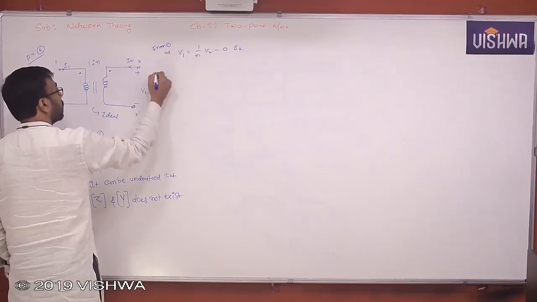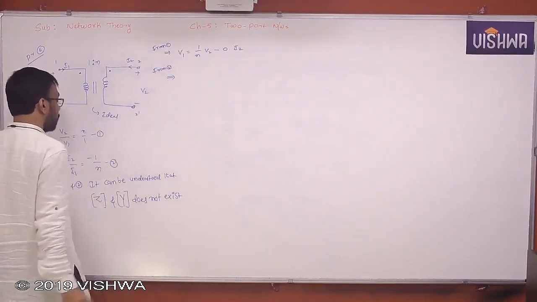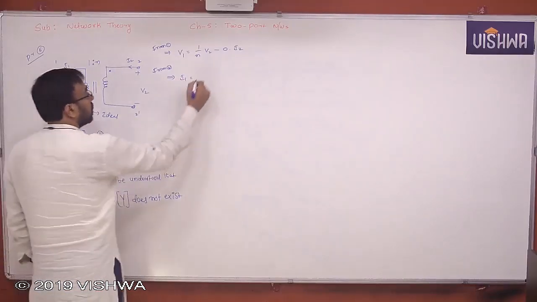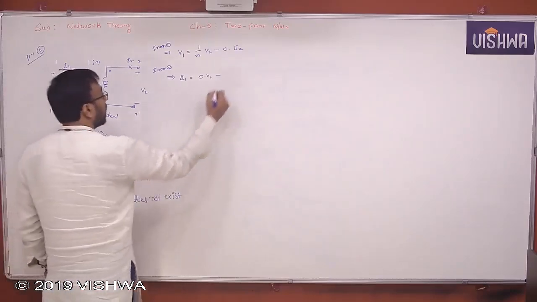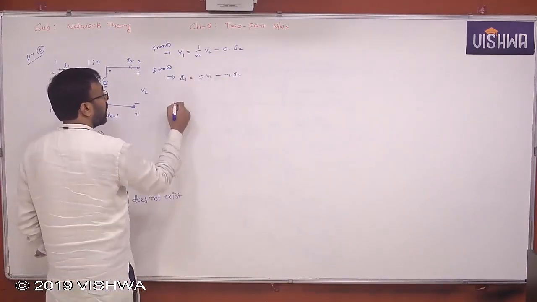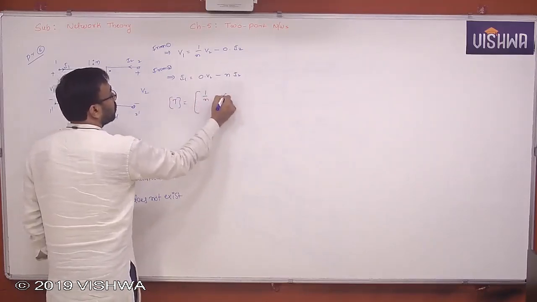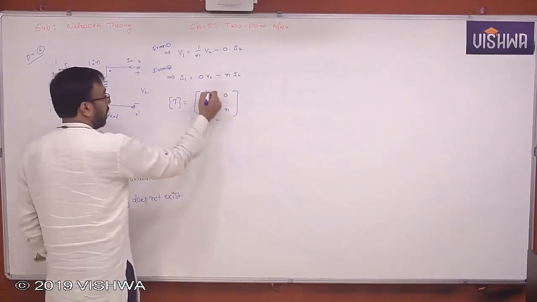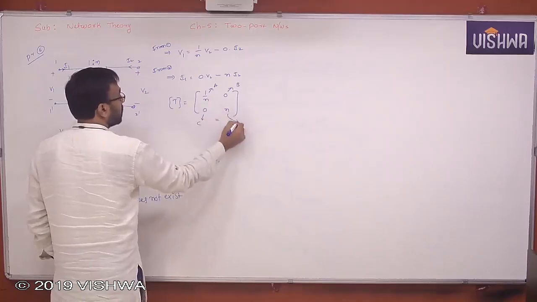From 2 you can write I1 is equal to 0 times V2 minus N I2. Yes or no? From this you understand the transmission parameters will be 1 by N, 0, 0, N. This is A, this is B, this is C, this is D.